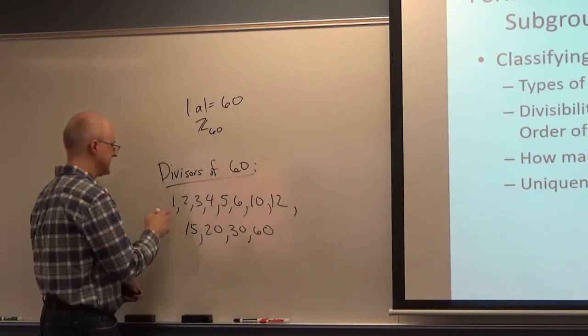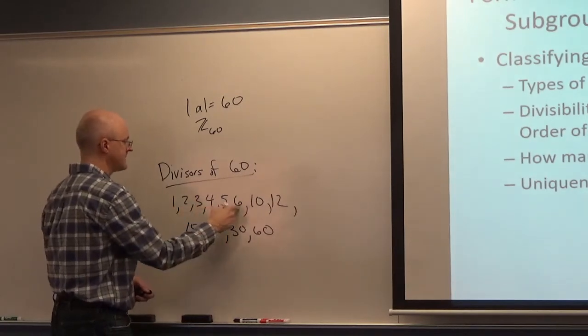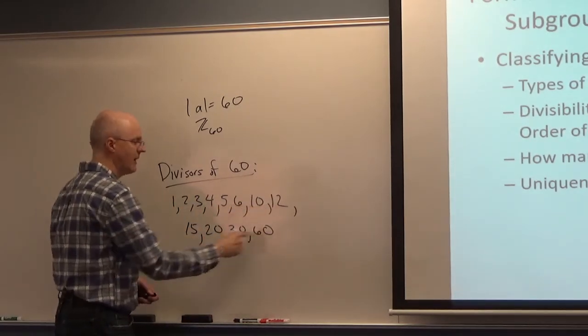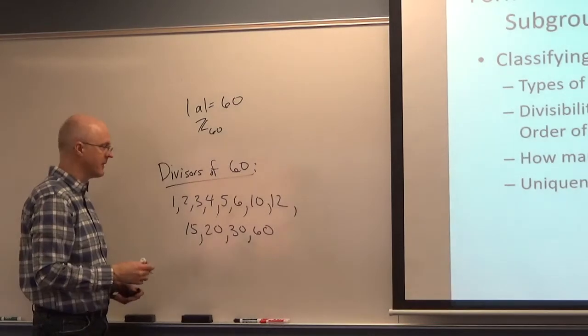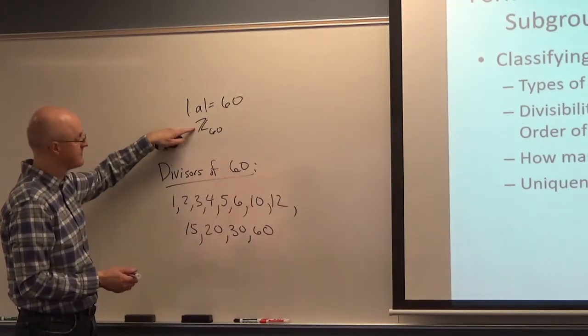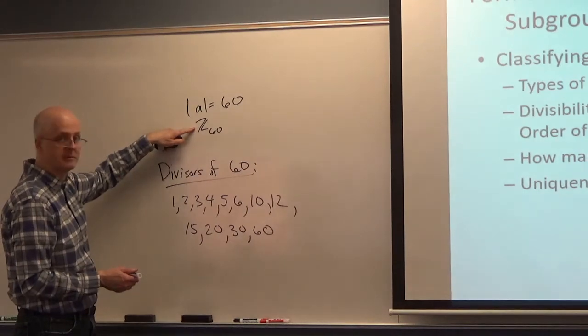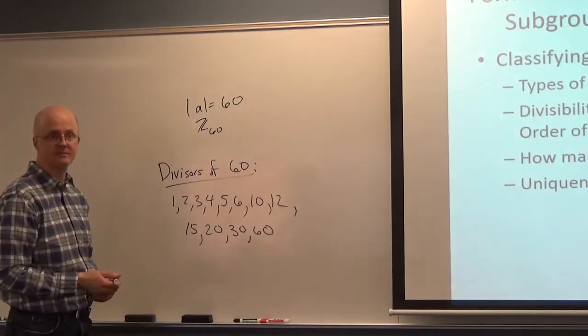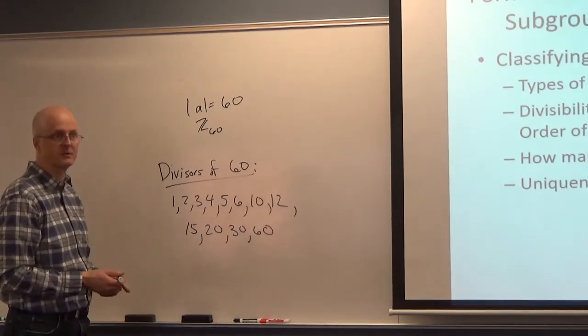The divisors of 60, how many are there? 1, 2, 3, 4, 5, 6, 7, 8, 9, 10, 11, 12. Therefore, there are exactly 12 cyclic subgroups of a cyclic group of order 60, one for each of these orders. And these are the orders of those subgroups.